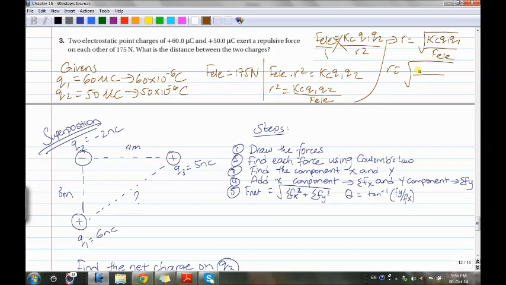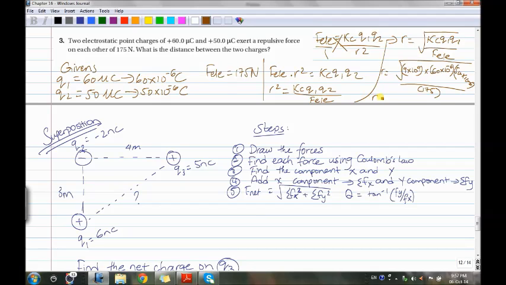So 9 times 10 to the power of 9, then Q1, 60 times 10 to the power of negative 6, and then 50 times 10 to the power of negative 6, over 175.